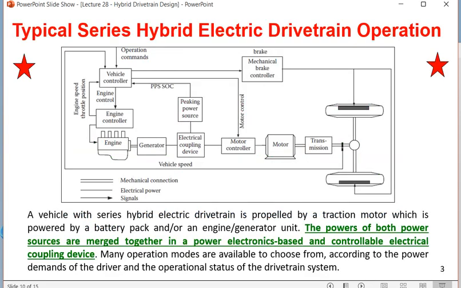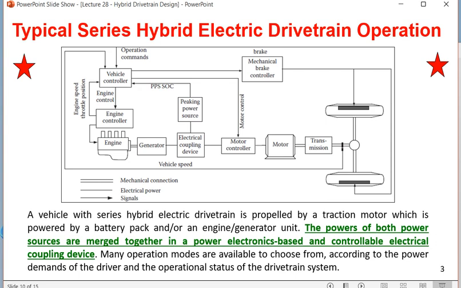This is the diagram of a typical series hybrid electric drivetrain operation. You have seen a detailed diagram in module 4 also. There is a little more elaboration given in this series hybrid electric drivetrain operation, which I am showing in module 5.